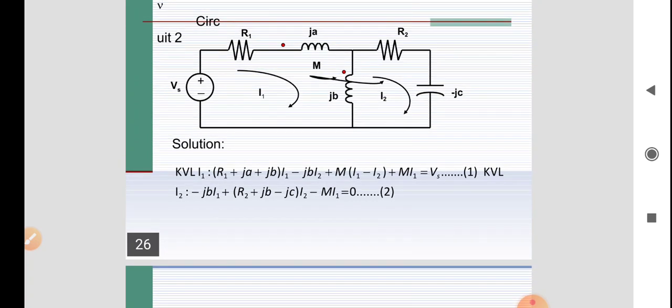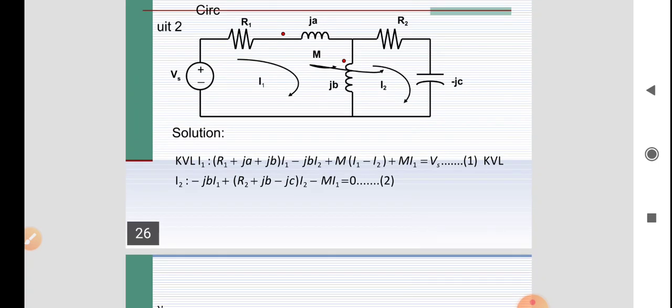The reference current is I1, which is flowing from dot to coil. In the second dot also, the I1 current is flowing from dot to coil. In the first one the current is flowing from dot to coil, and in the second also from dot to coil. That itself indicates the mutual inductance is positive. That is the reason I am writing plus M.